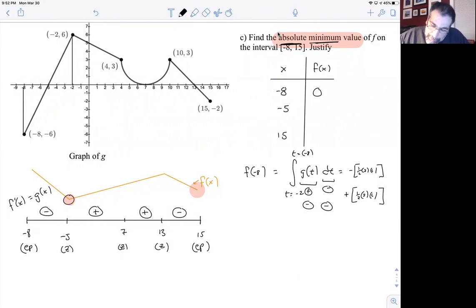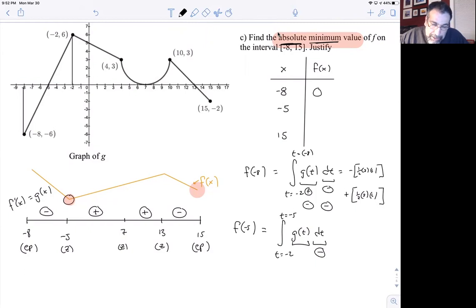So from here, we are going to do the same exact thing, but this time we're going to do it for f of -5. So here we go. t equals -2, t equals -5 of g of t dt, and we're plugging in -5. I'm going to do my sign analysis. The top bound is less than the bottom bound, so dt is negative.